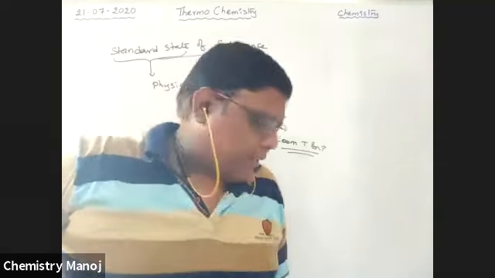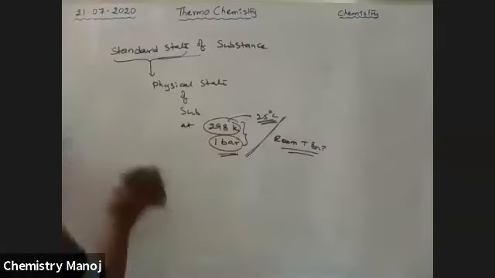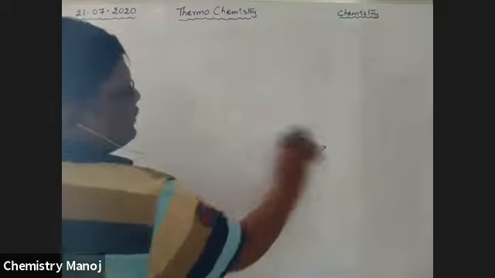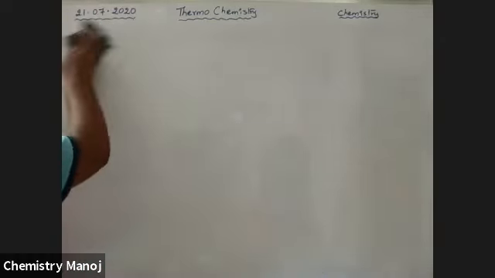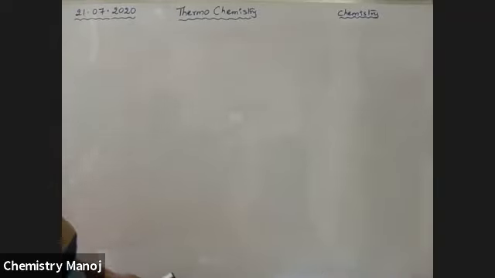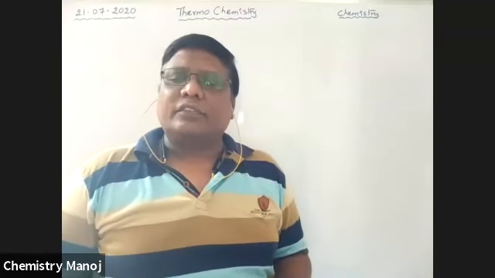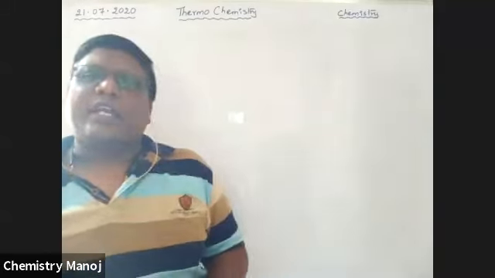Next, see here. Standard state is nothing but the physical state of the material at standard conditions, that is at 298 Kelvin and 1 bar pressure. Now, what is the standard state of sodium?